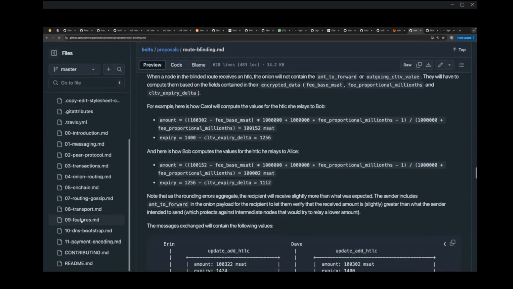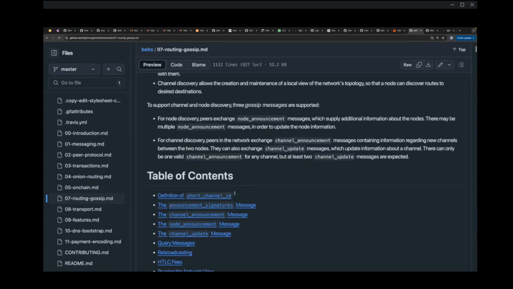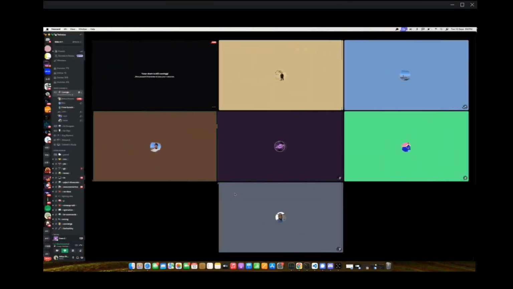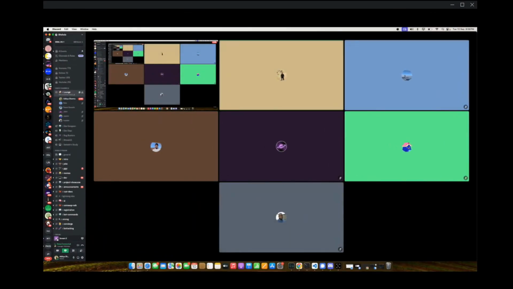Basically, the gossip protocol, BOLT 7, is about channel discovery. So the announcement message, update message, and then one handshake message or something like that. These messages help you create a view of the network, which node is connected to which one, and whether they have a channel or not.